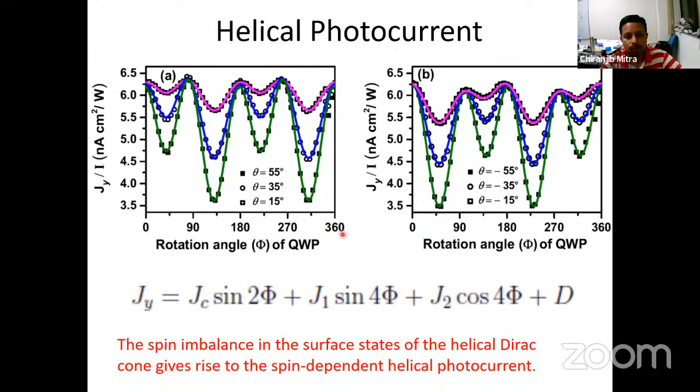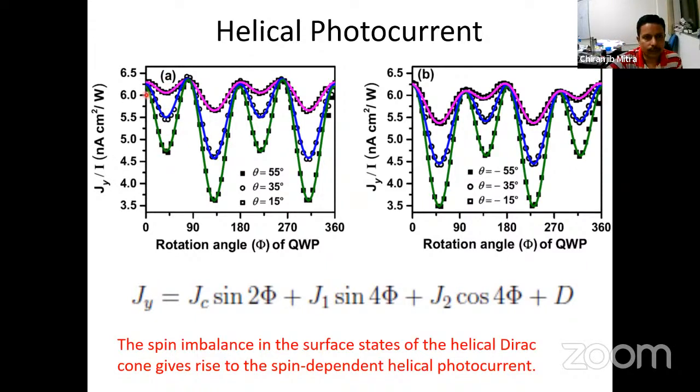One can see that, let's say we take the positive theta, plus 55 degrees. As we go on increasing theta, there is an enhancement of the current, and that is understandable because when the angle increases, there is better coupling between the polarization, the photons and the electrons.